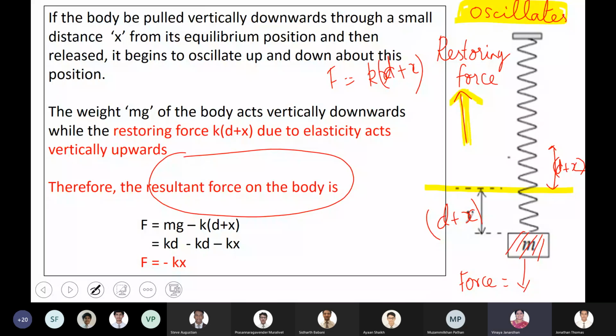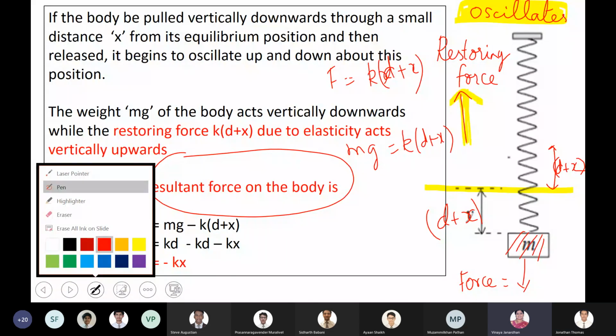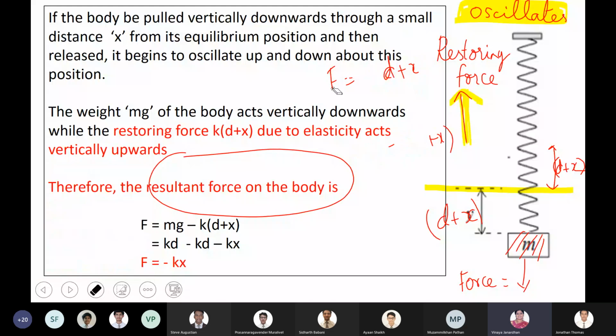If mg is equal to k into (d plus x), will the body move? If mg is equal to the restoring force, as we have seen in the previous case, the body will not move. The body will not move if the restoring force and the weight of the body acting in the downward direction are balancing each other. The body will not oscillate.